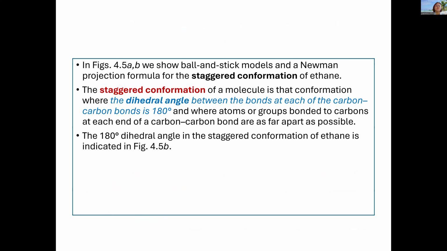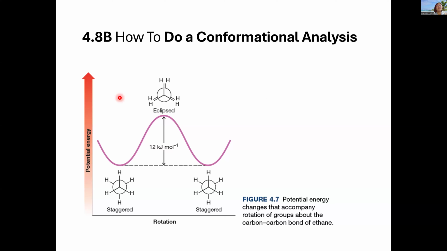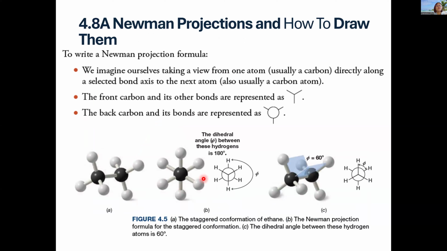For ethane, if you rotate, this hydrogen and hydrogen would have a zero dihedral angle. This type of conformation is what we call eclipsed conformation. And if the two hydrogens are as far apart as possible, by 180 degrees, this is what we call a staggered conformation.